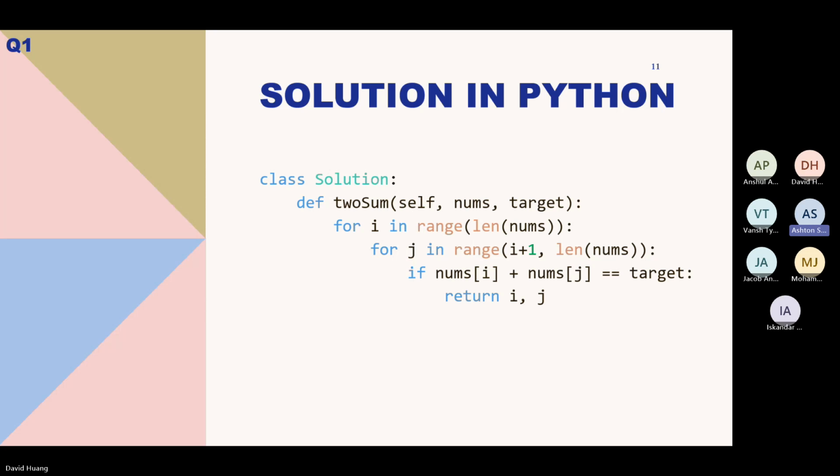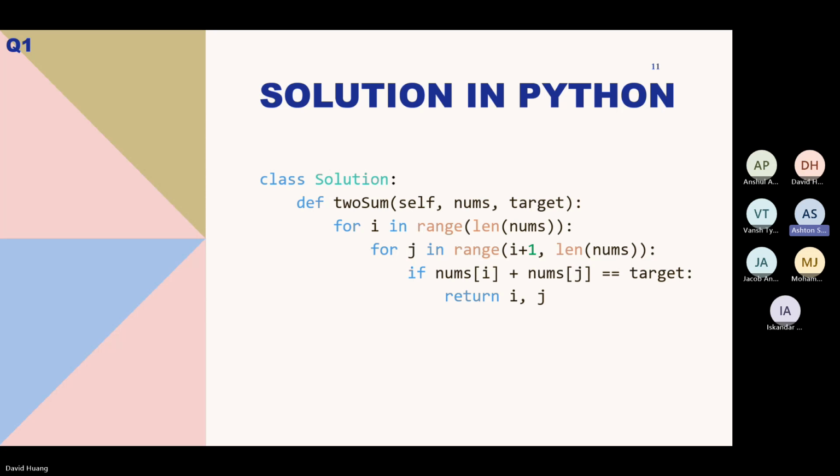So if we're looking at this example, and we're starting on the first element, index i is starting at 0, and j will be starting at i plus 1, which will be 1. First, we're going to have i on 3 and j on 2.